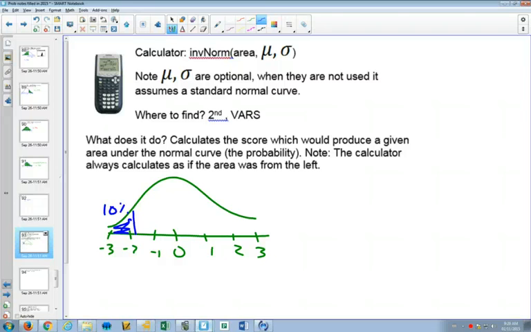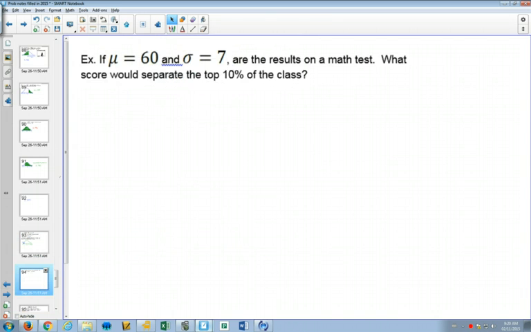It'll put 0.1 always from the left. So if you want to find the top 10%, you would have to put in either 90% to figure that out, or do the math of 10% and the fact that it's symmetrical to figure it out that way. But it's probably easier for you to use 90% rather than calculate 10%. And that's what happens in our first question here.